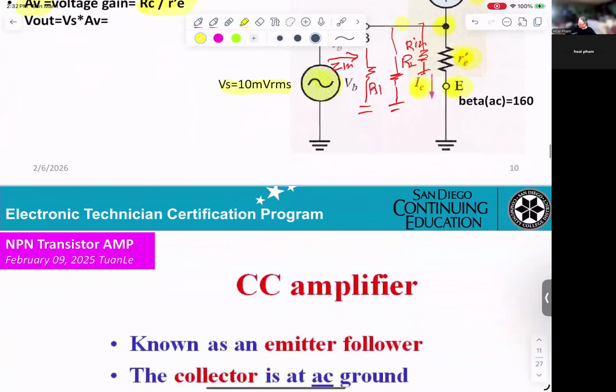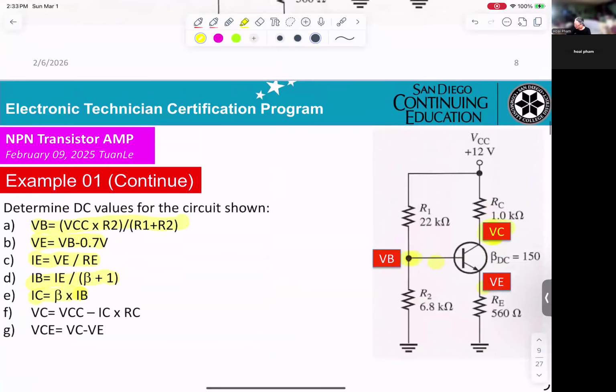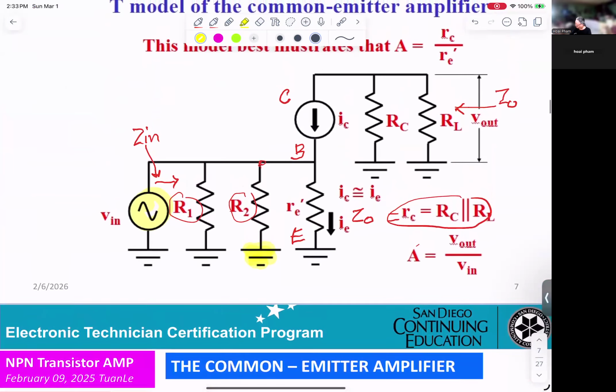Let's see. AC voltage. Let's see, any formula somewhere in here. Right here. The gain equals RC divided by R prime E. RC means output impedance, R prime E means this resistance.